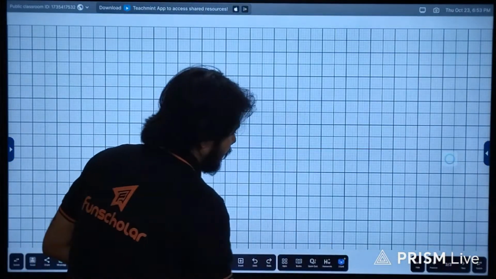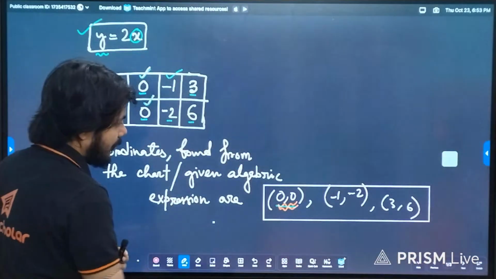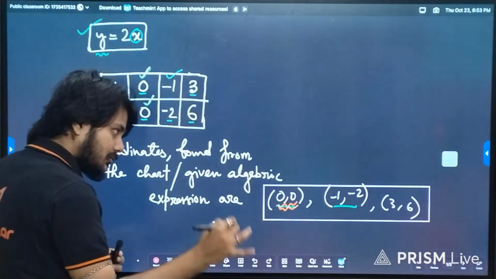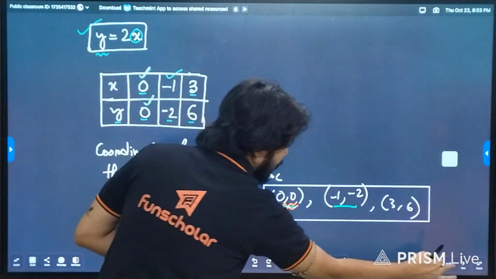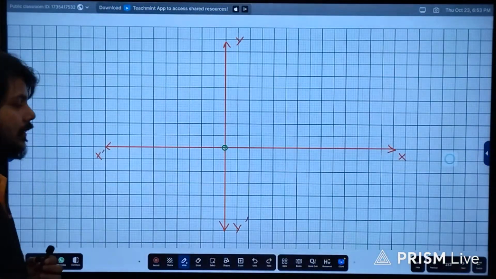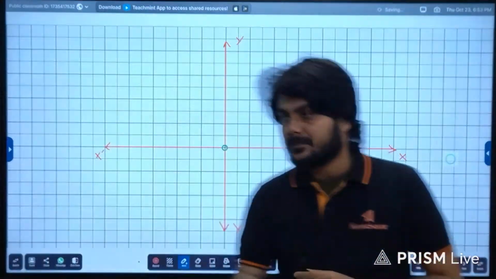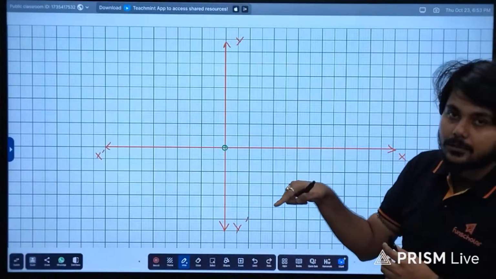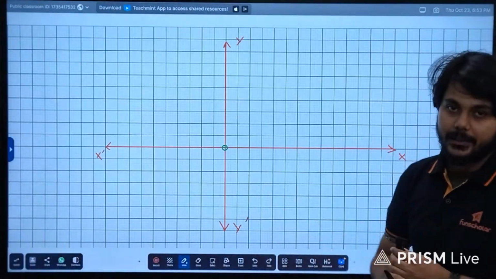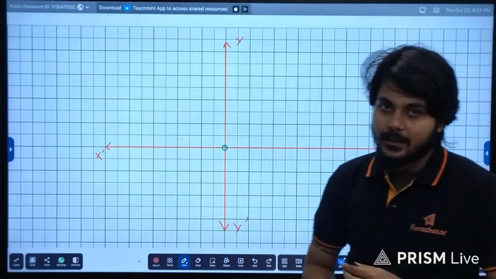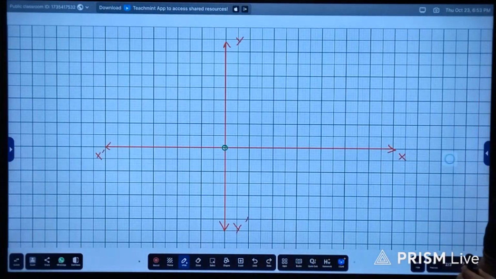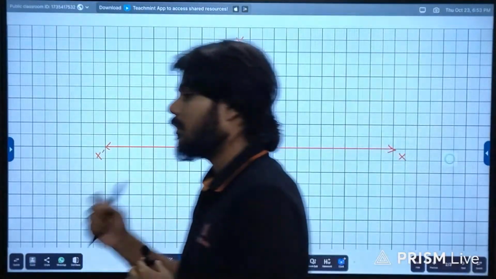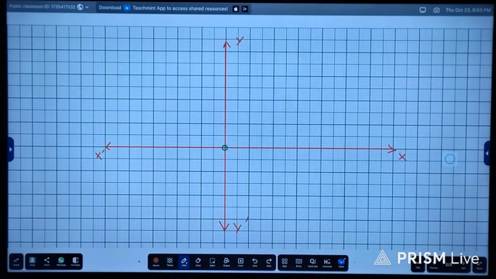Now, the next point is minus 1 comma minus 2. Can you tell me in which quadrant the coordinate minus 1 comma minus 2 is situated? Minus 1 comma minus 2, this coordinate will be situated in the third quadrant.